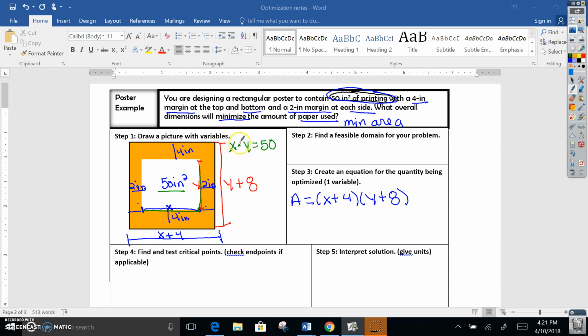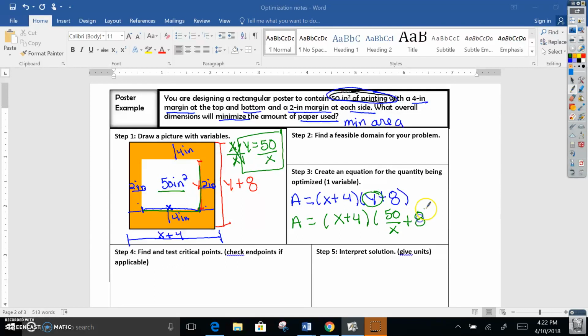I'm going to divide by x, and I'm going to get that y is going to equal 50 over x. So wherever I see a y, I'm going to replace that with 50 over x. So it comes out to x plus 4 times 50 over x plus 8.